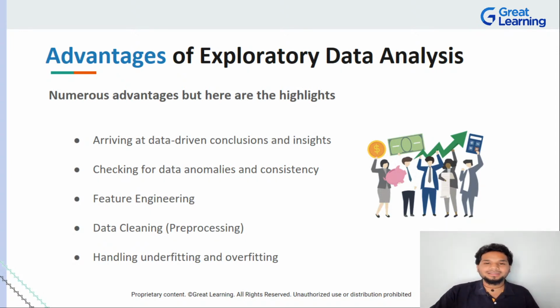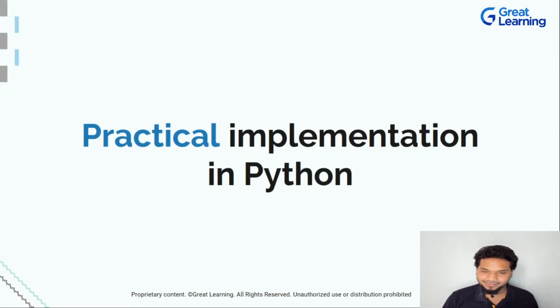Overfitting is when your model just looks out for noise rather than useful information, and underfitting and overfitting both will kill the efficiency of your machine learning or deep learning models. You can avoid all of that. You can handle it really well, and remove all that headache down the line if you use exploratory data analysis. There cannot be a bigger advantage than all of these that are mentioned on the screen, ladies and gentlemen.